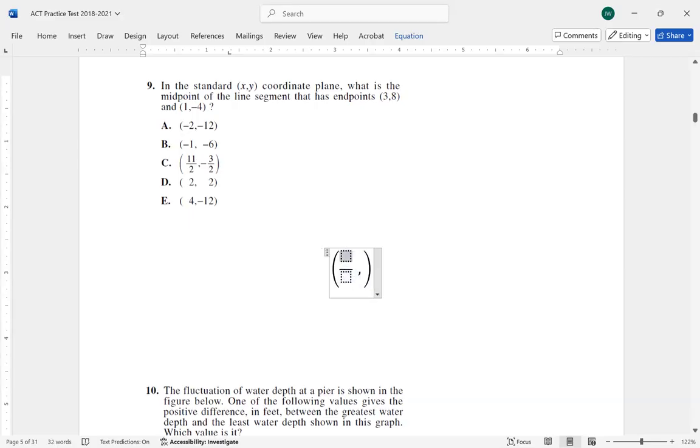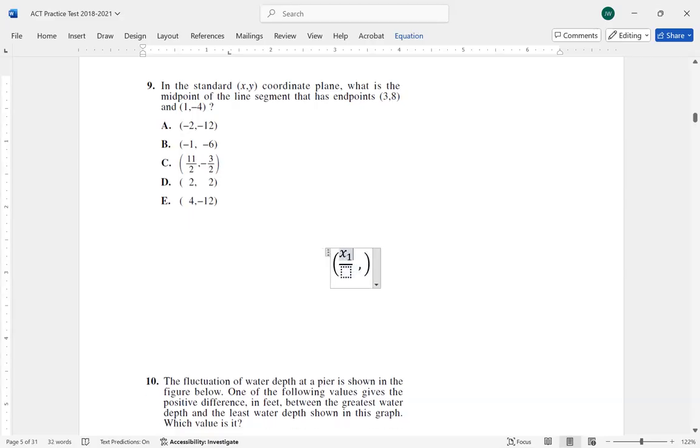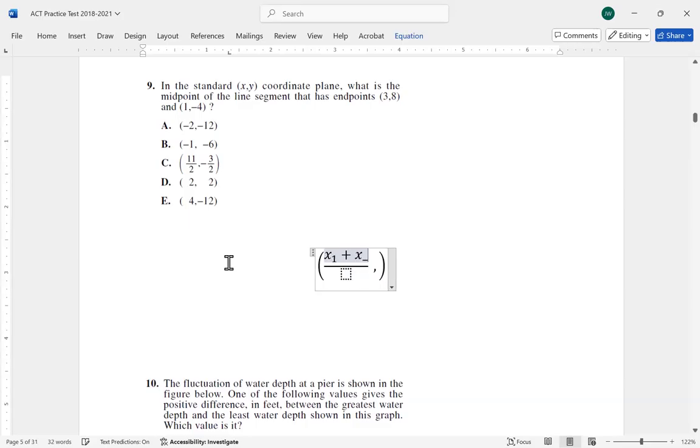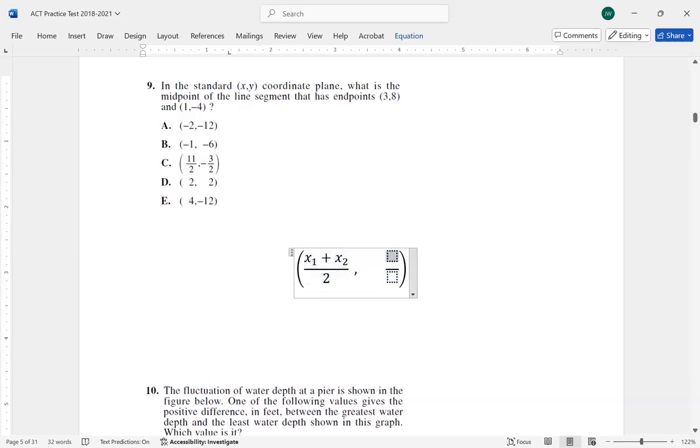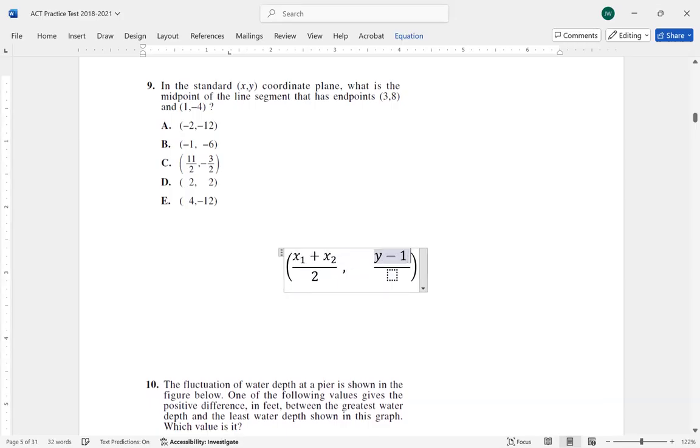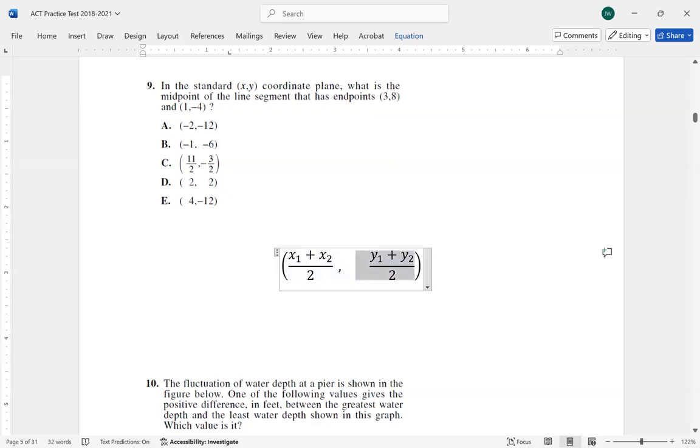So we take the x value of our first point plus the x value of our second point and divide that by 2. That becomes the x value for the midpoint. Then I do the same thing with y values. So the y value of point 1 plus the y value of point 2 divided by 2, that's the average of the y values. And that's going to be the midpoint.